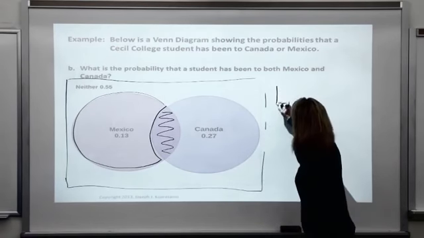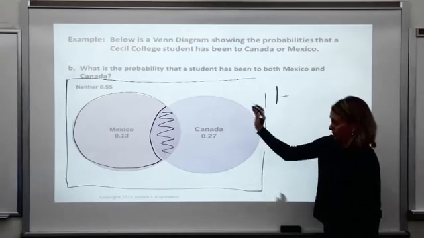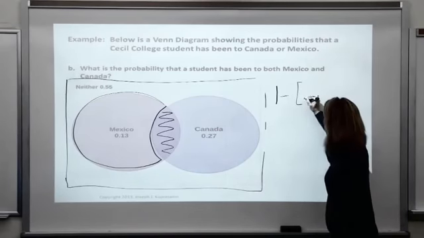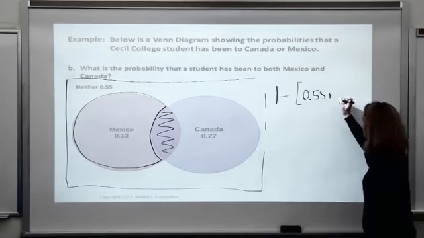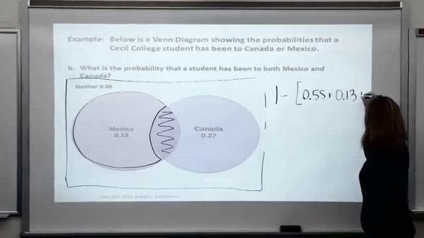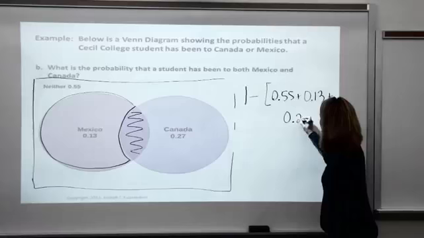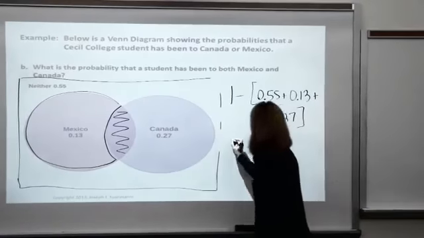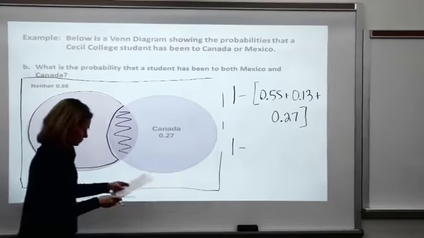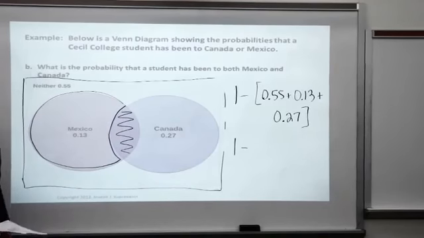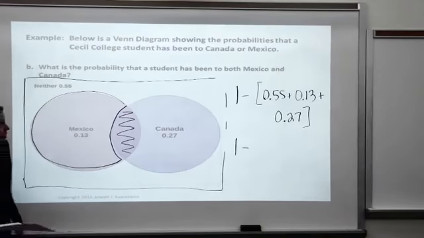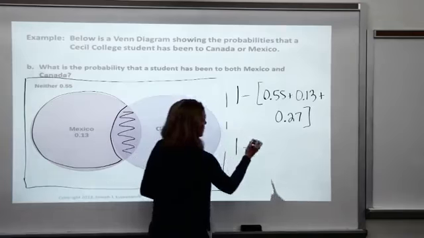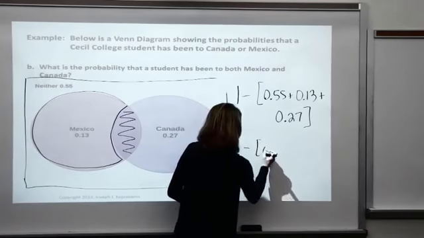So I'm going to take 1 and get rid of the probabilities that I know. If we sum up the probabilities that we know, these probabilities sum up to 0.95.